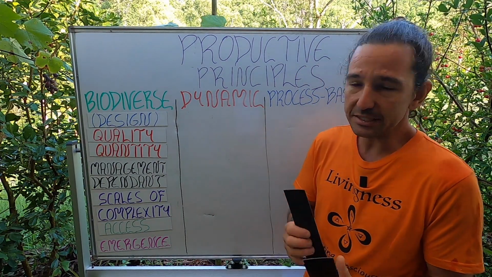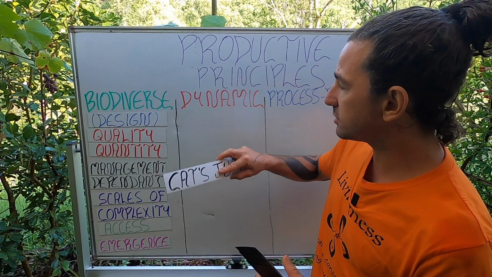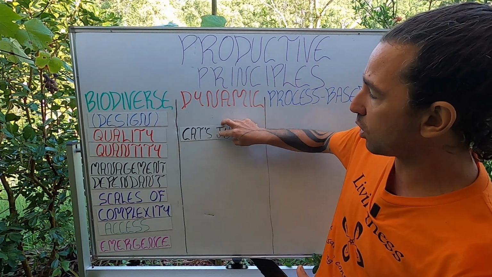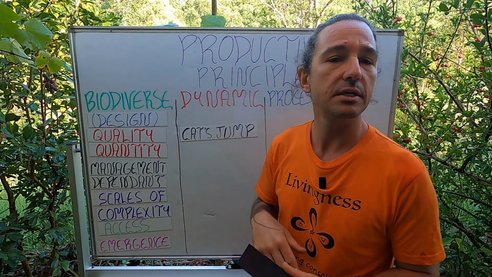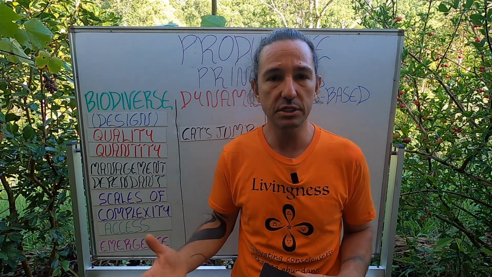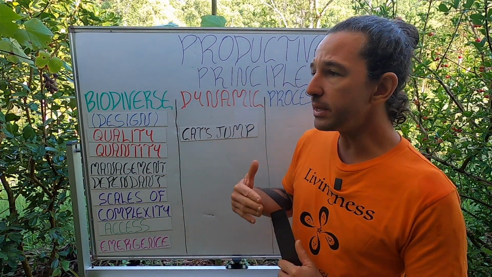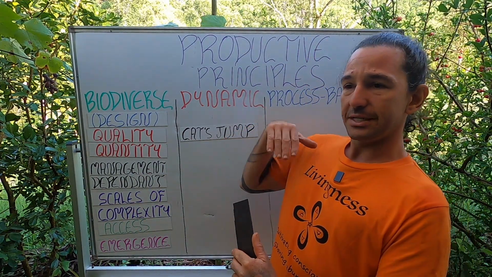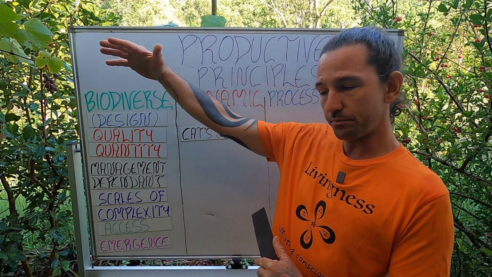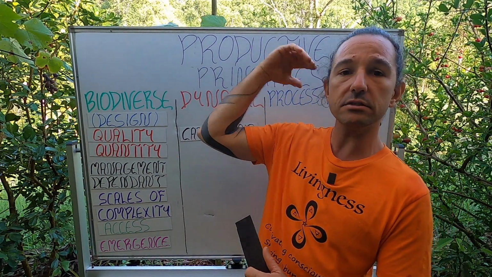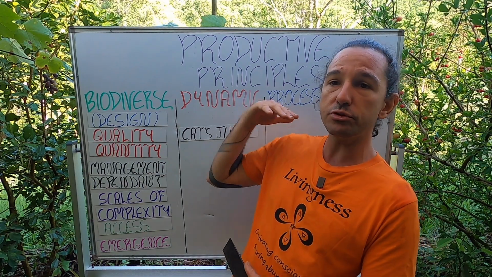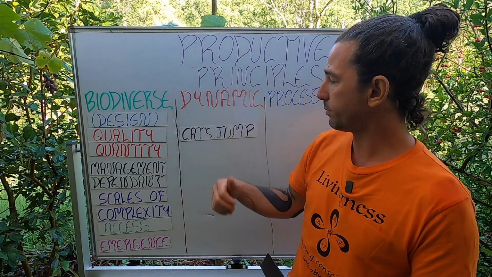And basically that's, in my understanding from what I've observed and talked about, this is the cat's jump. That's a Brazilian expression that means taking the productive power of our systems to the next level. So basically the cat jumps to the next level in our productivity.